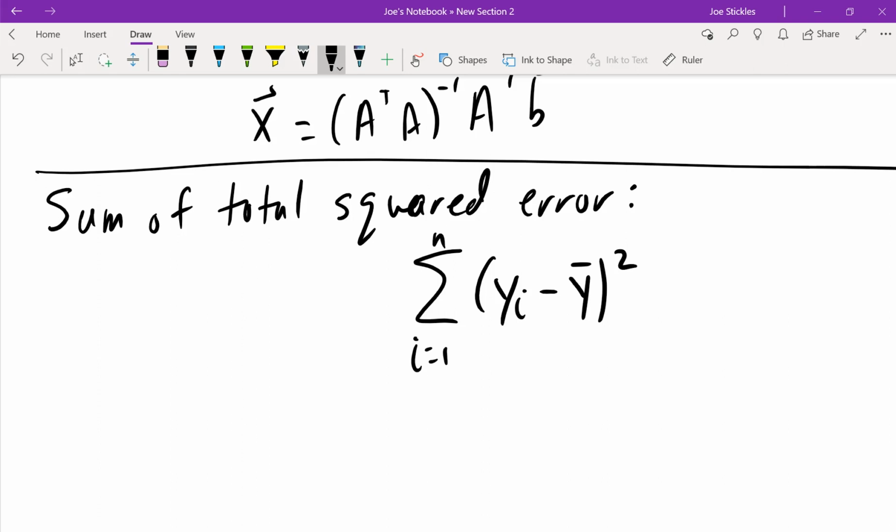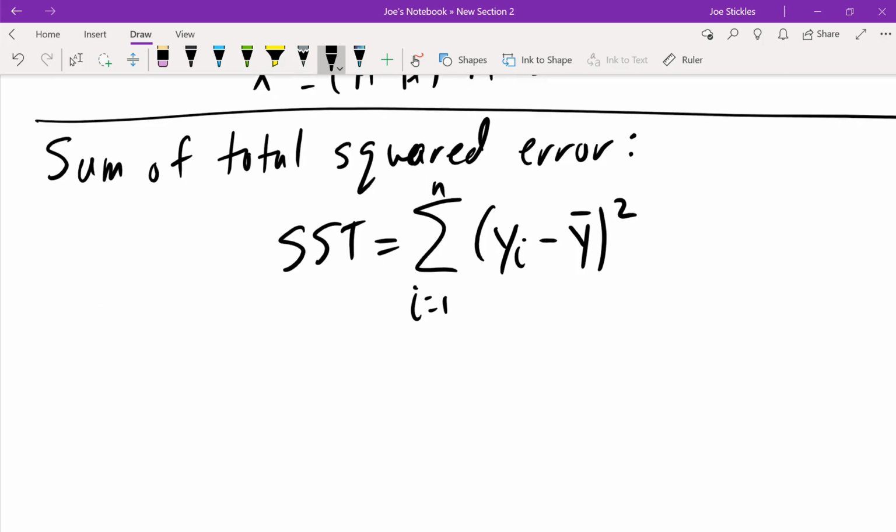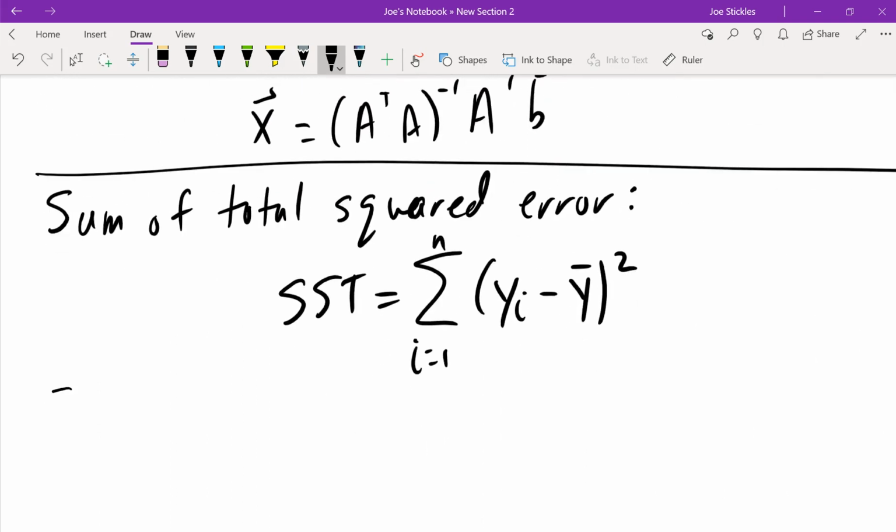Anytime you sum the deviations from the mean for a data set, you always get 0. That's why when you do standard deviation, you have to square things, or take the absolute value, which is also harder to work with. So this gives us the total squared error. The notation for this is typically SST. So SST is your total sum of the squared error. We also have what we call the sum of residual squared error.